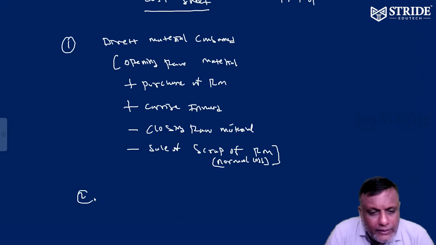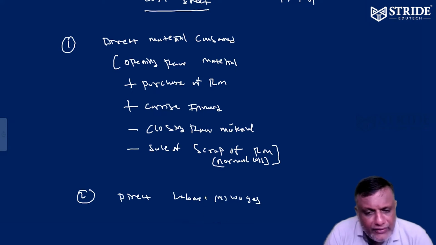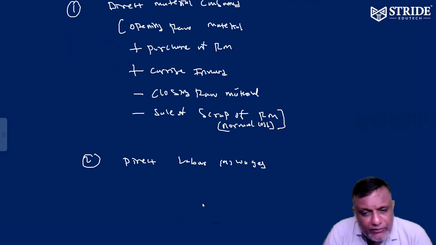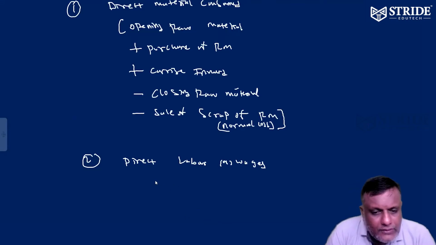Number two, direct labor or direct wages. What will be the expenses involved? Labor, traceable. If it is traceable, it is direct labor. Any labor expenses we incurred for production, directly traceable, is direct labor.